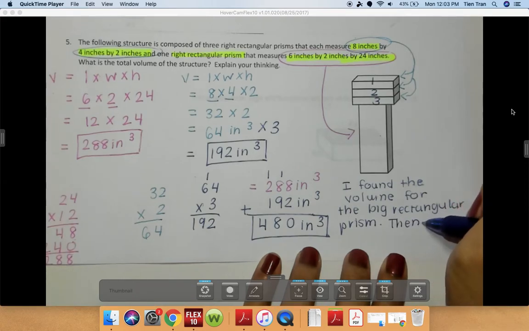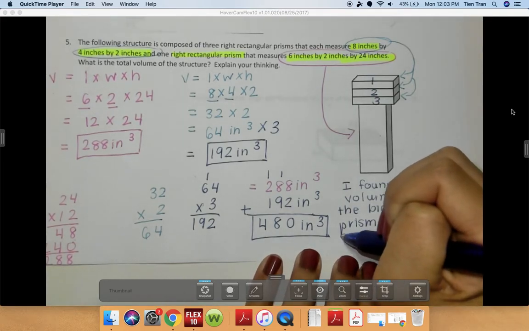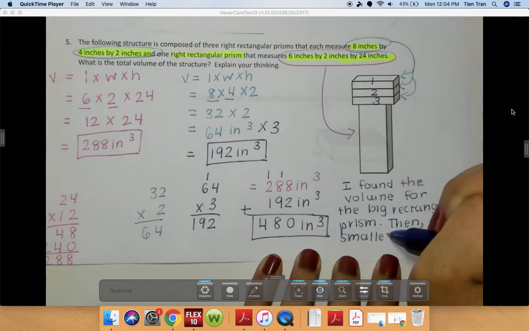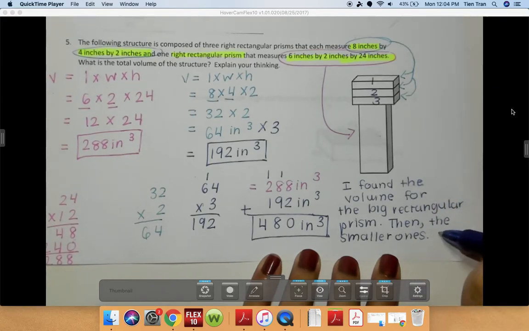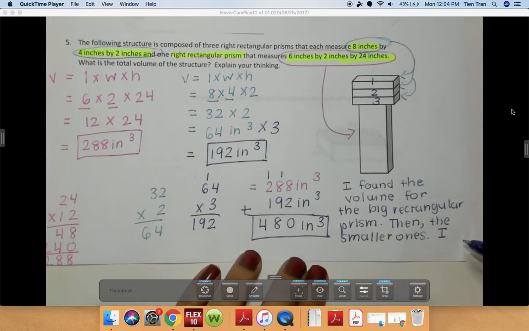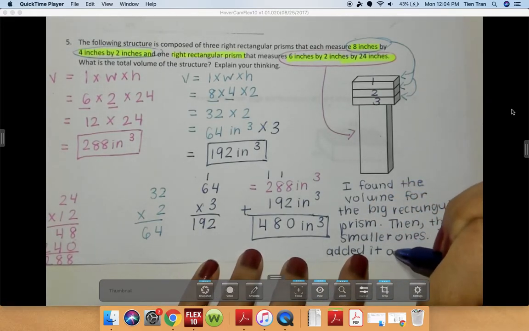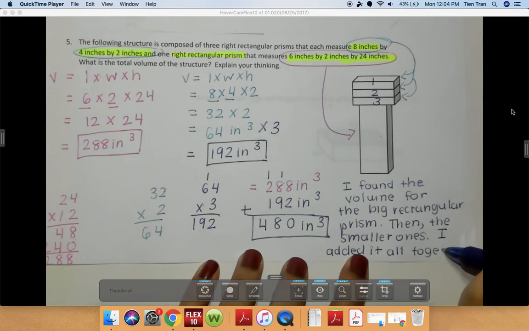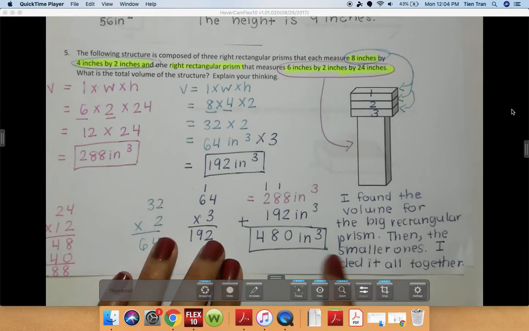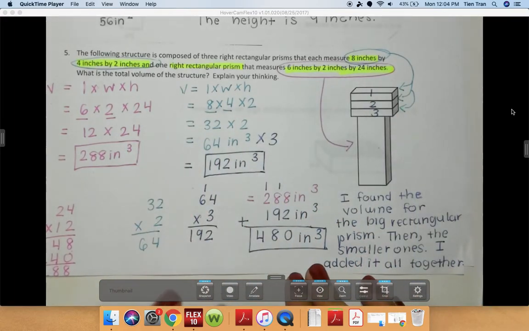Then the smaller ones. And then I added it all together. Okay, so I'm just describing what I did in order to solve this problem right here.